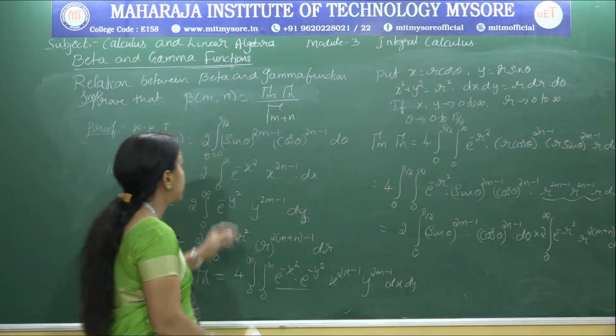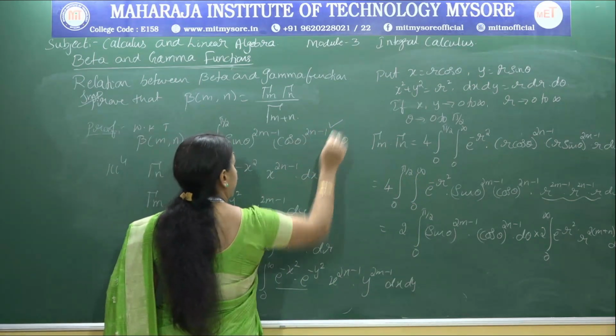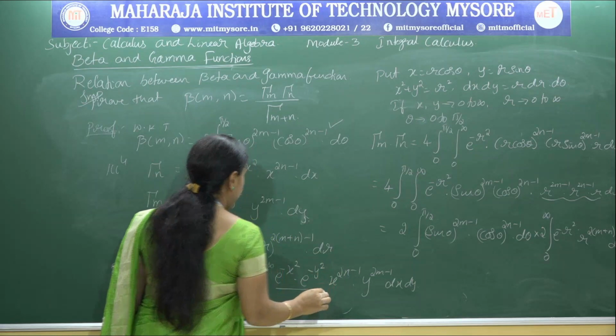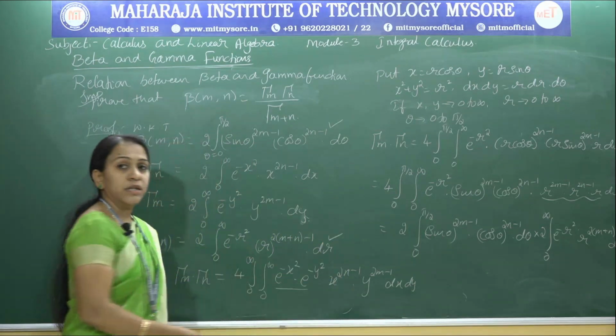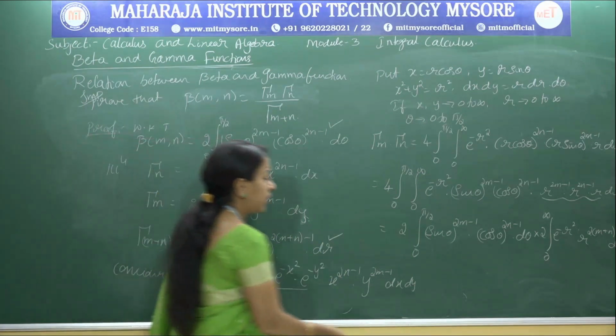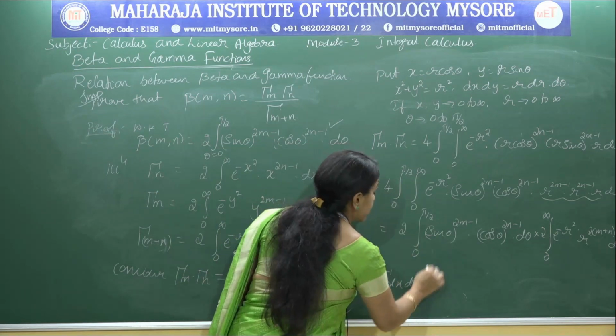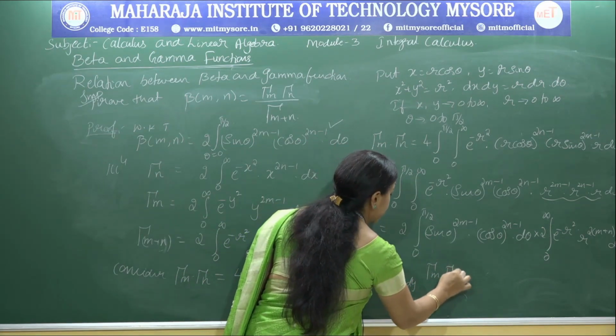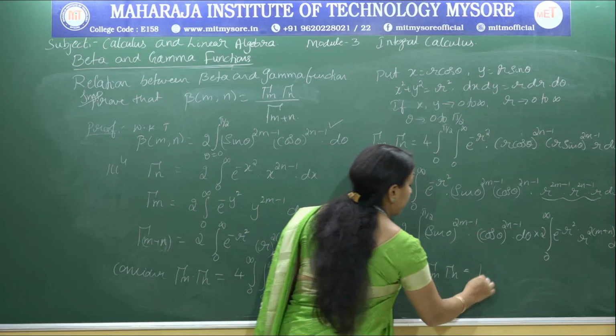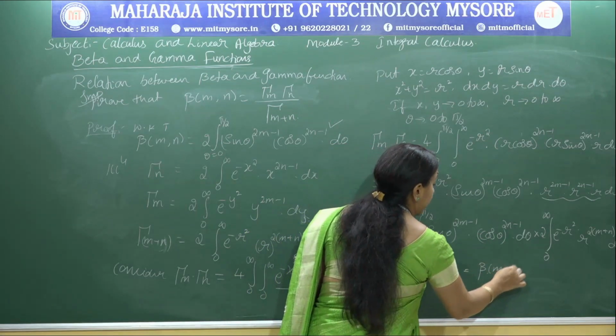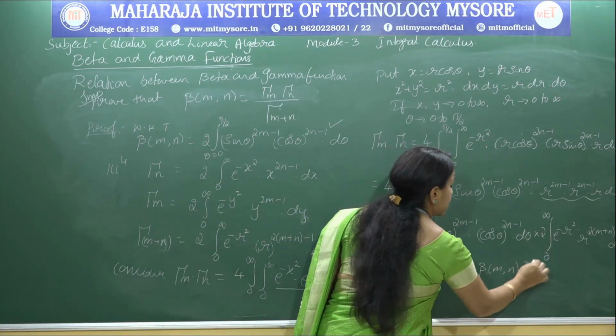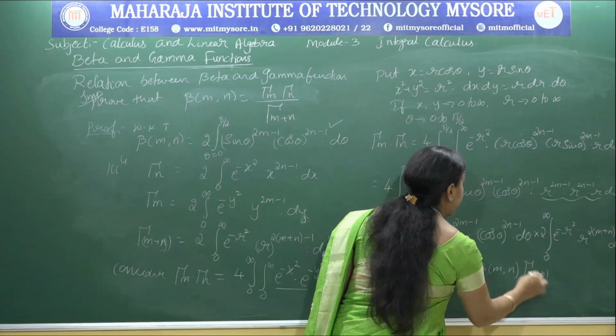Now compare with the standard result of a trigonometric form of a beta function and this another form of a gamma function. I can replace the LHS is gamma m into gamma n is nothing but, so this can be replaced by beta m comma n, and this can be replaced by gamma m plus n.